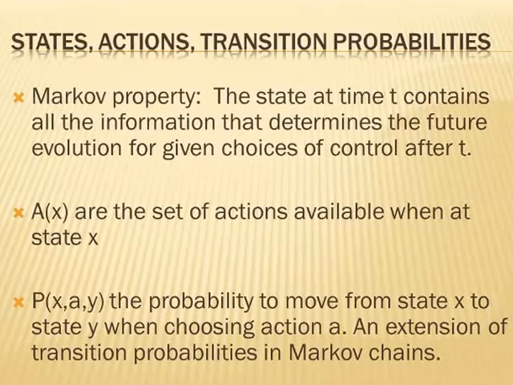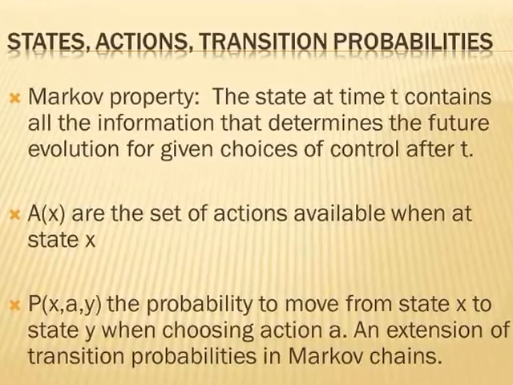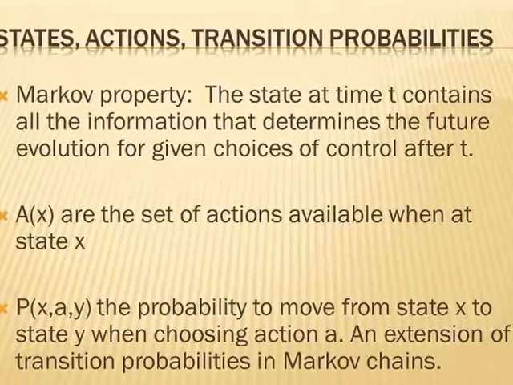In that sense it's Markovian. In general the process does not have to be Markovian, but in that sense it is. We denote by A(x) the set of actions available when at state x, and by P(x,a,y) the probability to move from a state x to a state y if we use an action a.